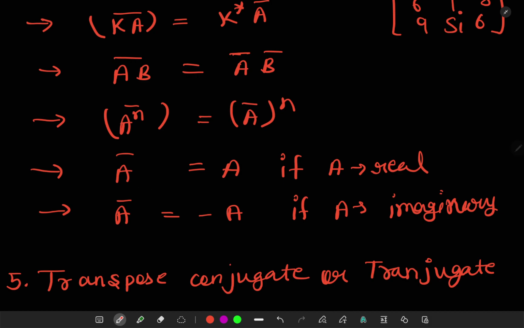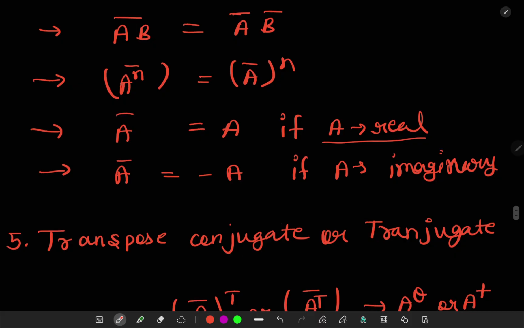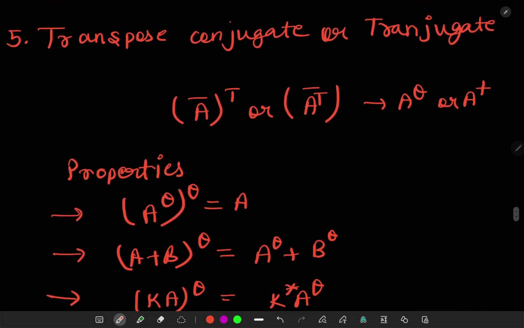If A is real, it means there is no imaginary term present in the matrix. We can write the conjugate of matrix A is equal to A. If there are purely imaginary terms, we can write the conjugate of matrix A is equal to minus A. Now transpose conjugate, or transjugate.